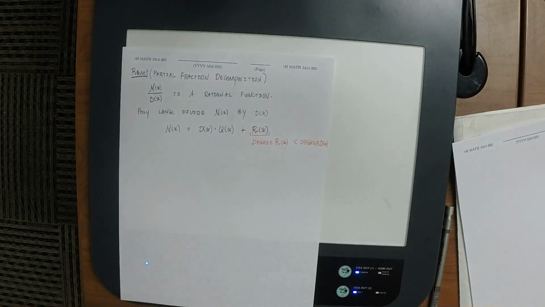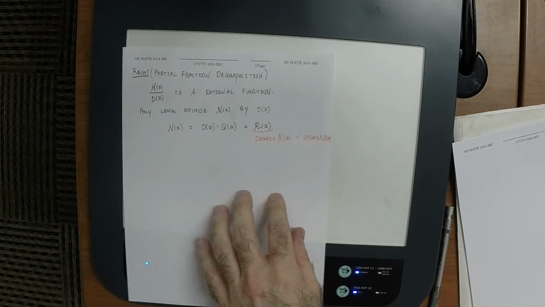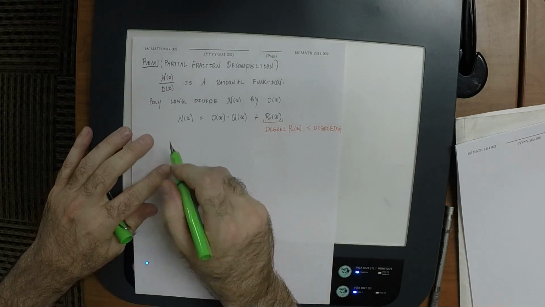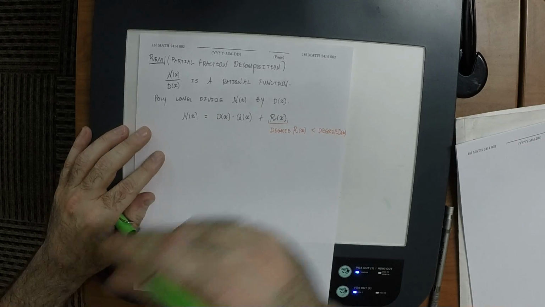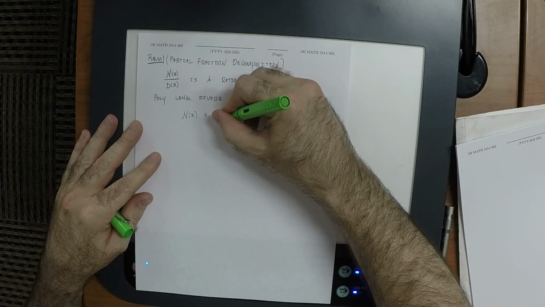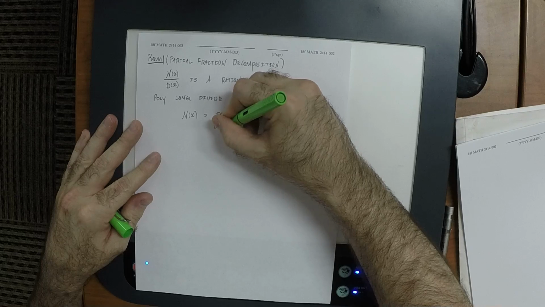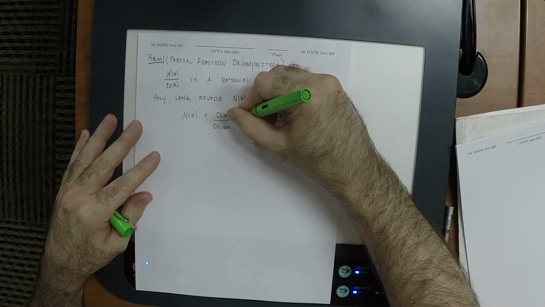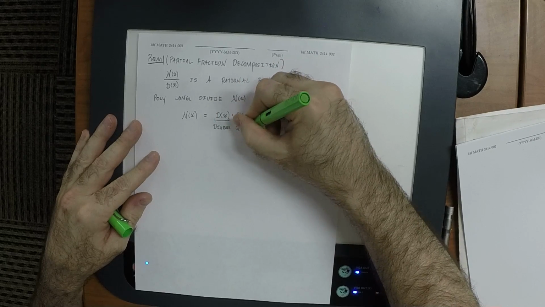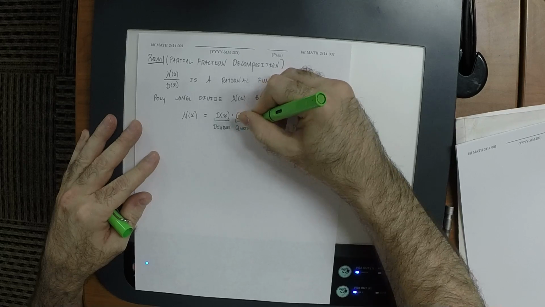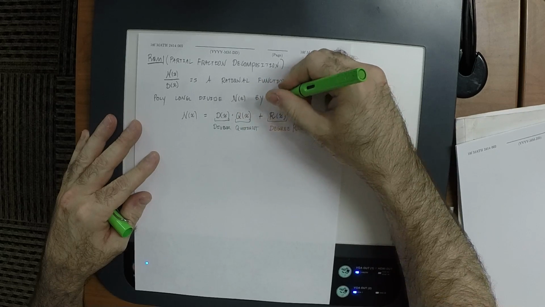Now all of these have names, so let's write down the names of these. This is the divisor. This is the quotient. This one is the remainder.